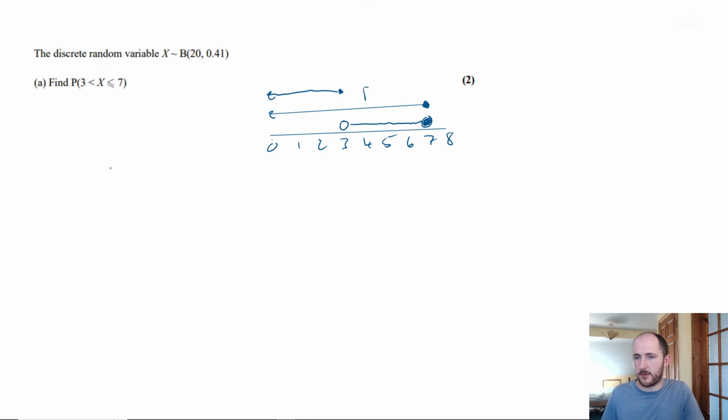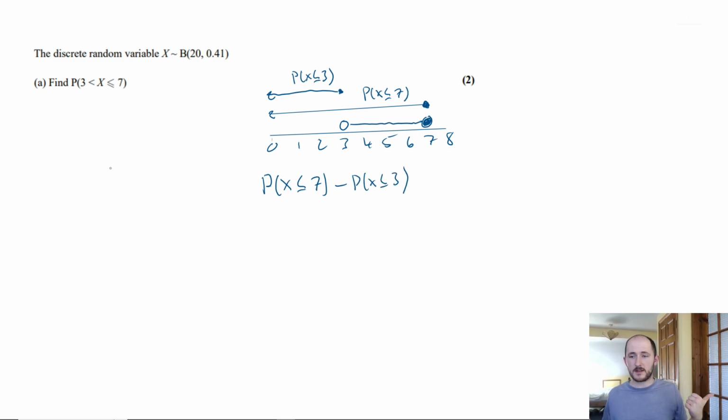So this is the probability that x is less than equal to 7, and this is the probability that it's less than equal to 3, and subtract them from each other. So we could effectively do this. Minus, and that will give us our answer.